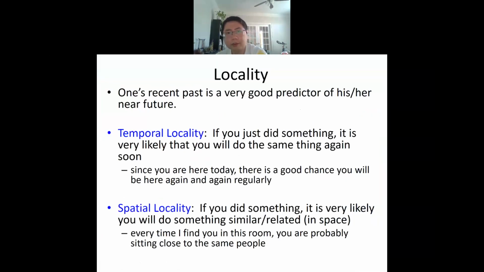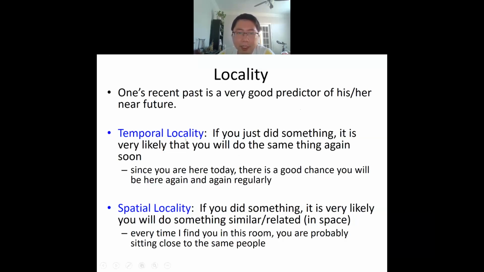And next, we are going to discuss locality of the data. This is to look at the pattern of your data from the software programmer's perspective, because one's recent past is a very good indicator or predictor of his or her near future. If you look at the memory data pattern in the system, there are two kinds of locality.